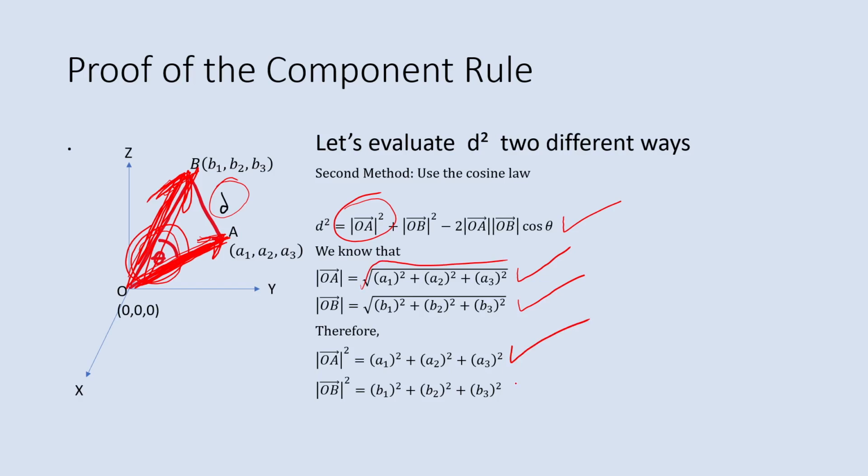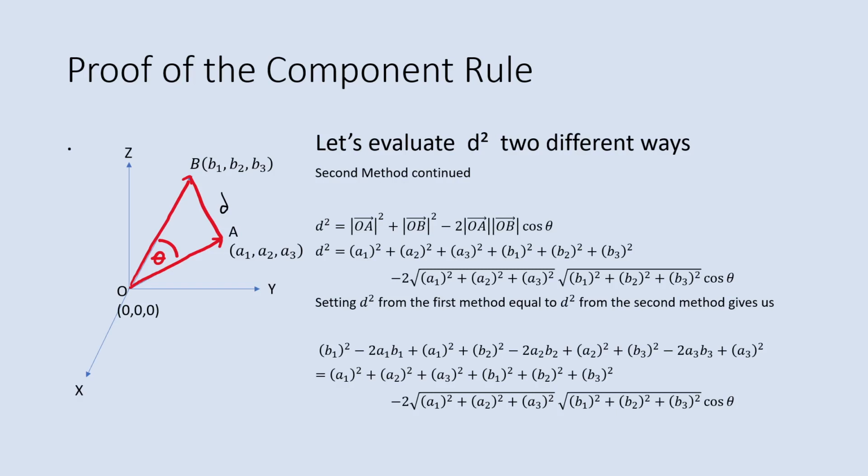And similarly, the magnitude of OB quantity squared is b1 squared plus b2 squared plus b3 squared. So putting all that together, we get this expression plus this expression, as stated earlier, minus 2 times this expression right here, times the cos of theta.